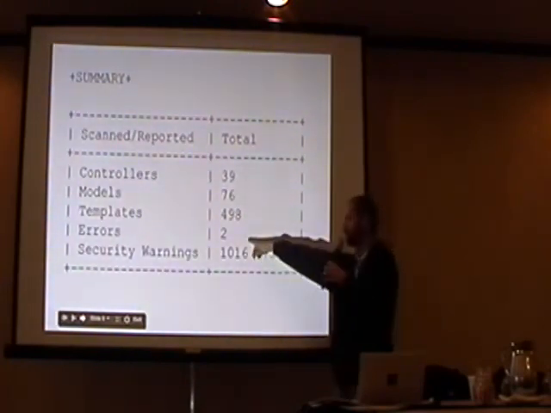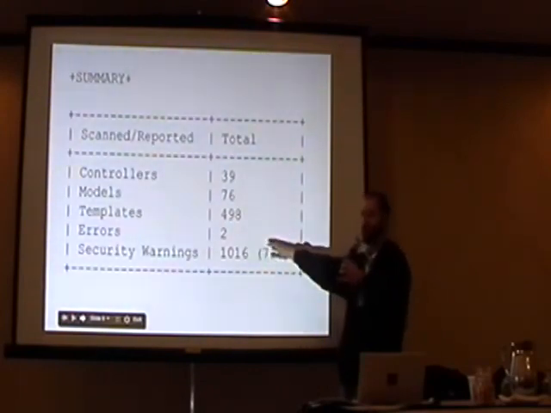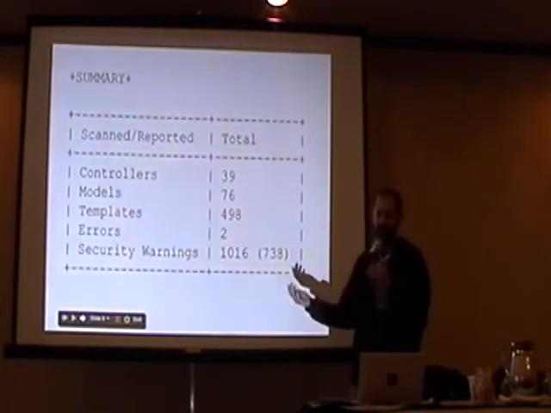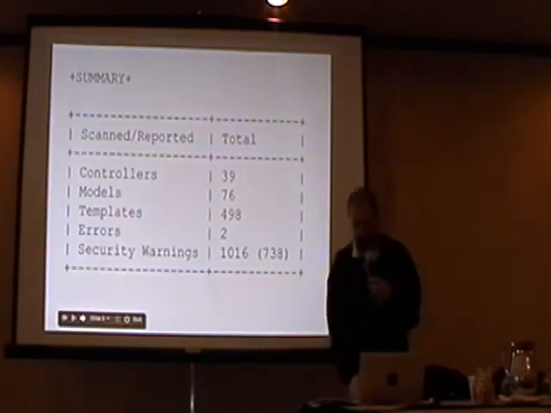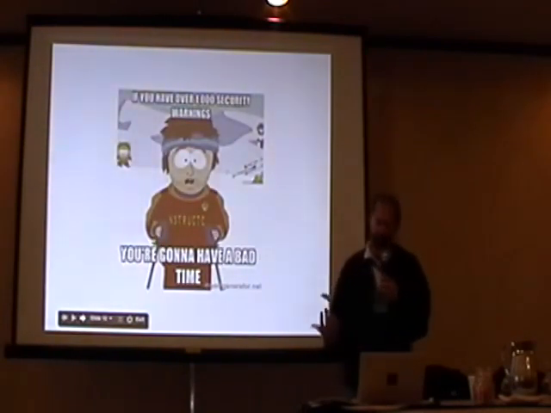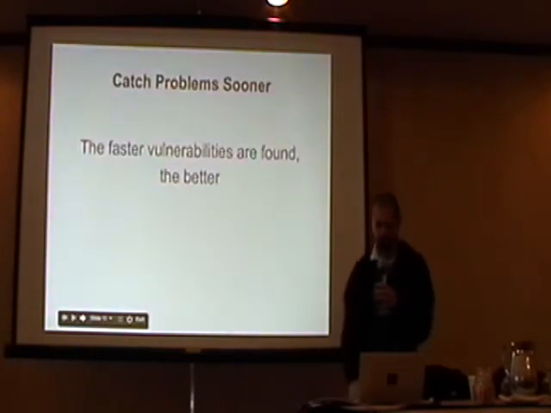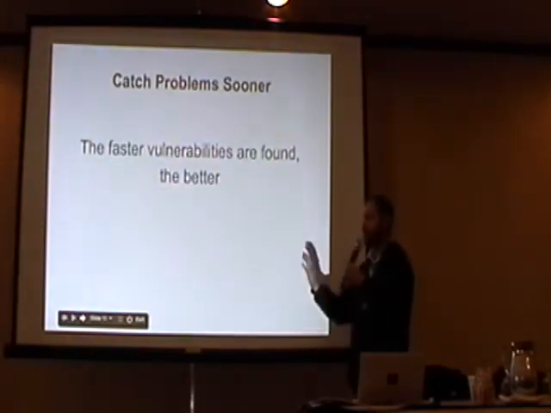By the way, these errors are actually divide by 0. So Brakeman has a nice feature where it'll find divide by 0 for you in the form of raising an exception. So, you know, it just gives you an idea of where you're going. So that's really nice. But this is the biggest thing.